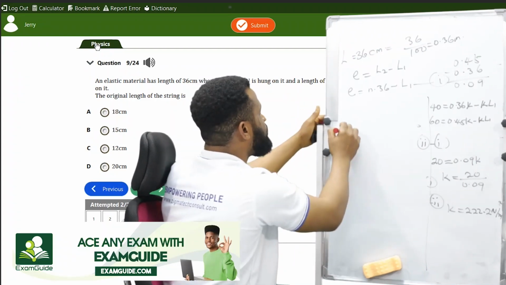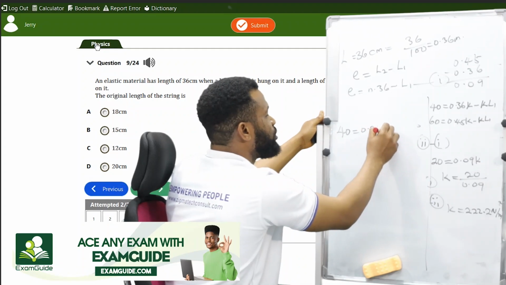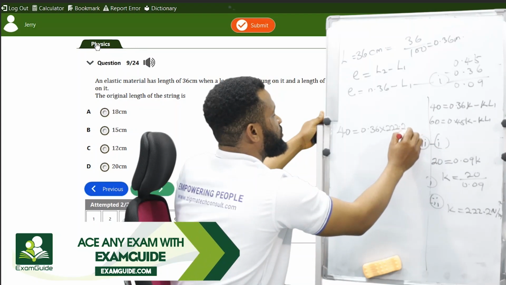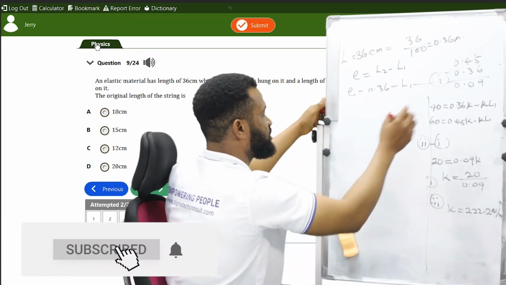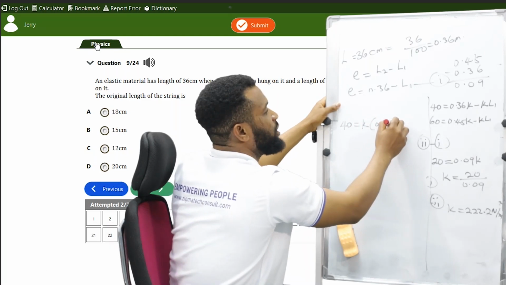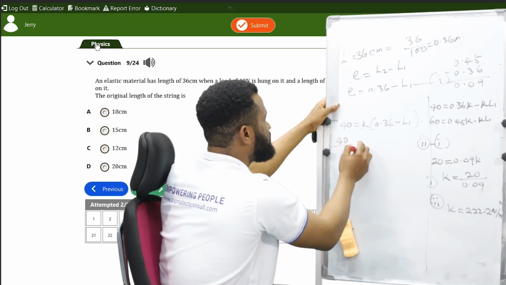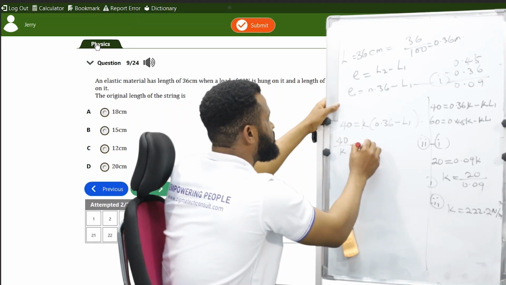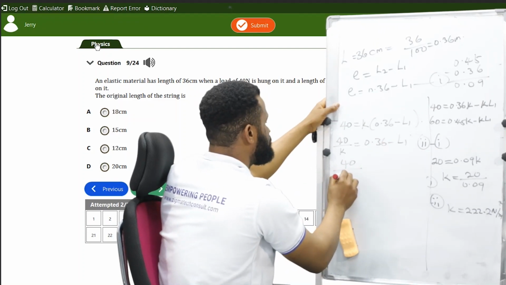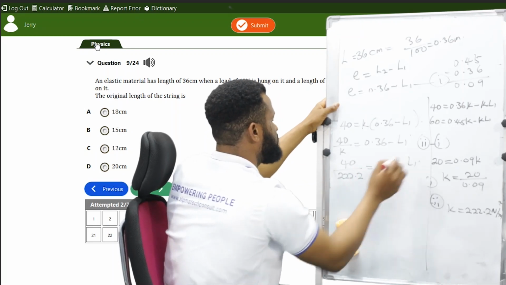So I'm going to have 40 is going to be equal to 0.36 times 222.2. Okay, I'm going to factor out so that it will be 40 is going to be equal to K bracket 0.36 minus L1. So I have 40 divided by K, which is equal to 0.36 minus L1. So this is 40 all over 222.2 is equal to 0.36 minus L1.